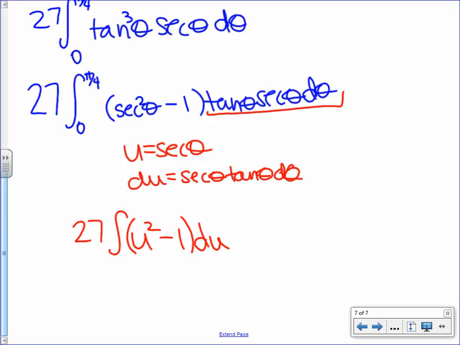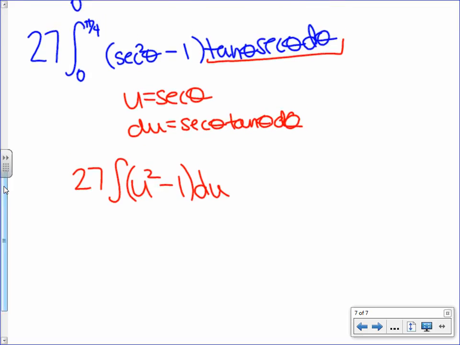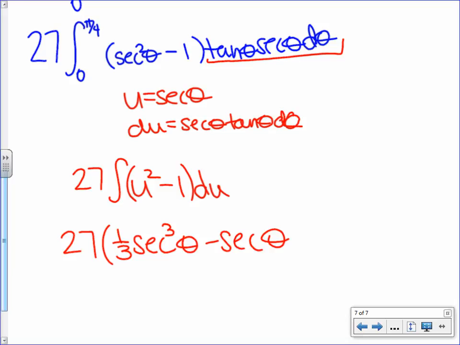Okay, we'll come back to it. So this is a nice integration now, isn't it? Now we have 27 times 1/3 secant cubed minus secant, evaluated from 0 to pi over 4.